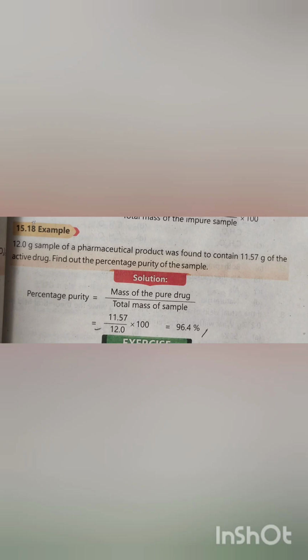Percentage purity is equal to the mass of the pure drug, which is 11.57 gram, divided by the total mass of the sample, which is 12 gram, multiplied by 100. Putting values in this formula, we get 96.4%. So the percentage purity of the pharmaceutical sample is 96.4%.